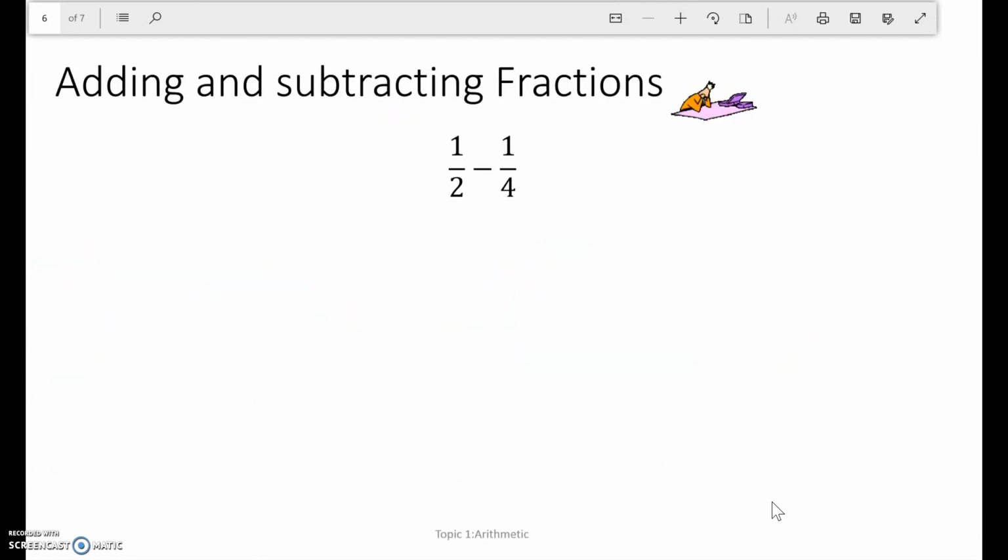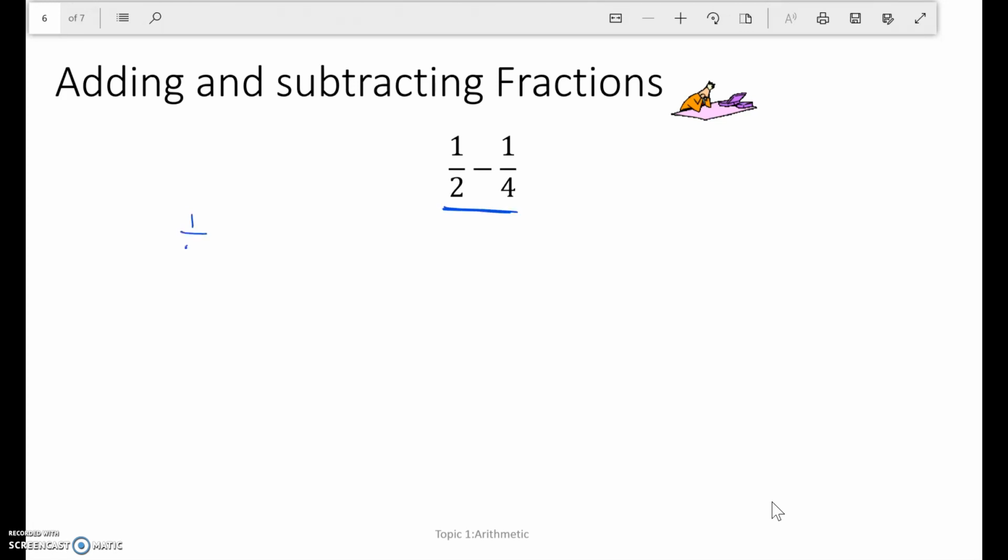Adding and subtracting, though, is not so easy. We always have to go for a common denominator. If it's got a common denominator, it's fine. If it doesn't have a common denominator, then we have to create one. So, if we've got a half minus a quarter, we have to make the denominators the same.